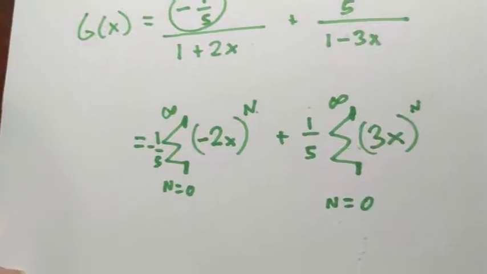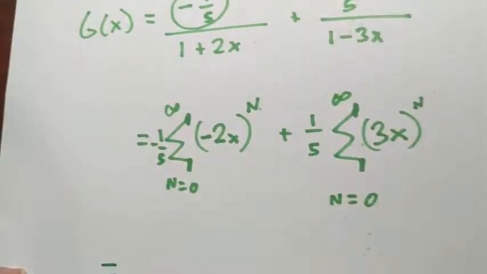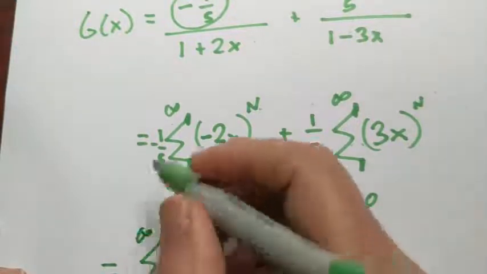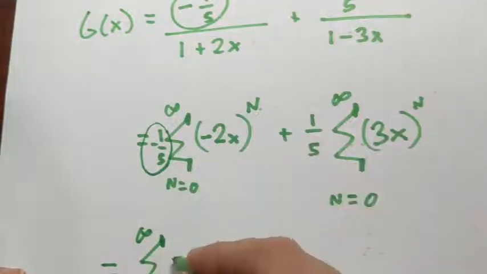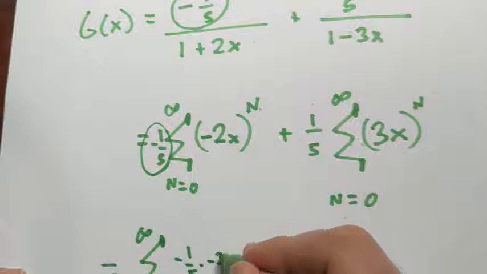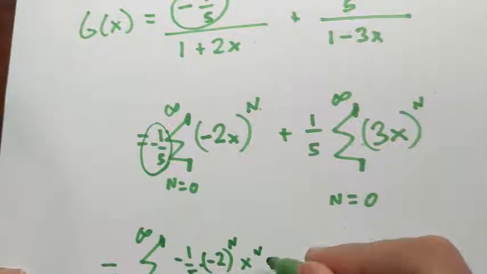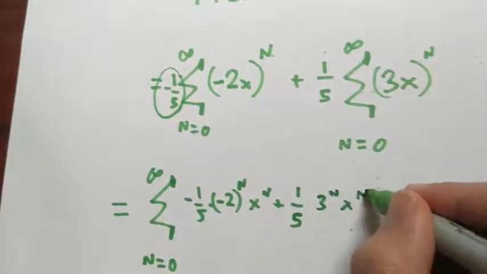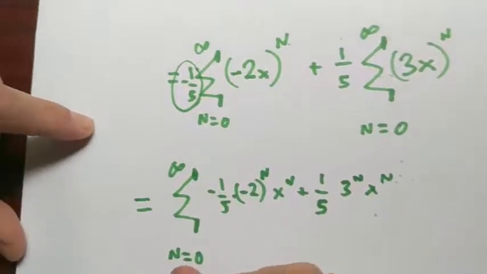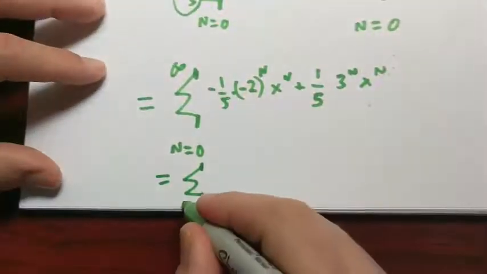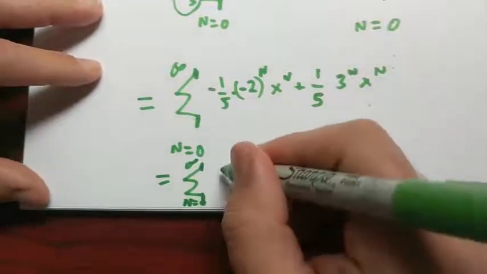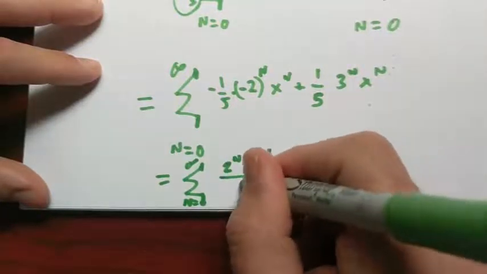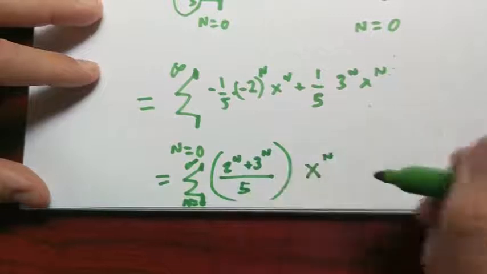And so this is equal to the same thing as if I had the sum from n equals 0 to infinity, negative 1/5 times negative 2 to the n, x to the n, plus 1/5 3 to the n, x to the n, or the sum from n equals 0 to infinity of 2 to the n plus 3 to the n over 5 times x to the n.